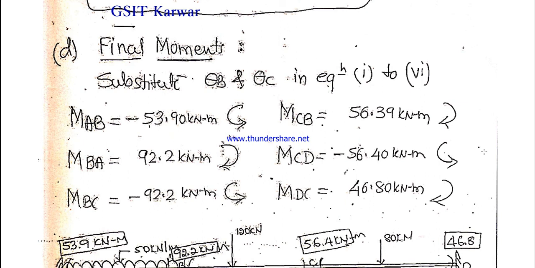This subject is full of calculation, and it is very easy but practice is a must. Without practice it is very difficult. You should practice well, then only you will understand the subject, otherwise it is very difficult.